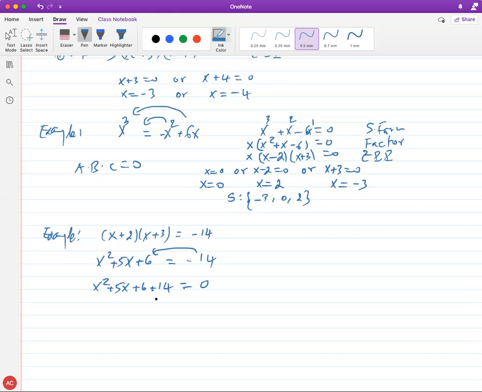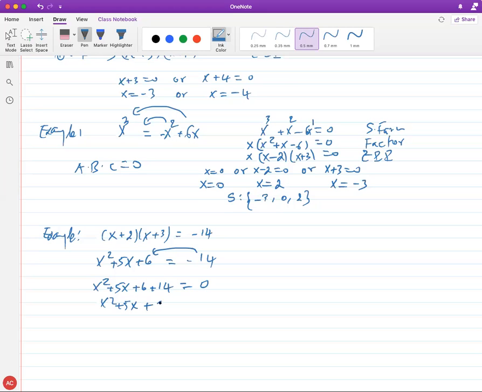I may have to change this into something else. So we could end up with a trinomial. If we combine these, we get 20. Let's continue and see what happens.